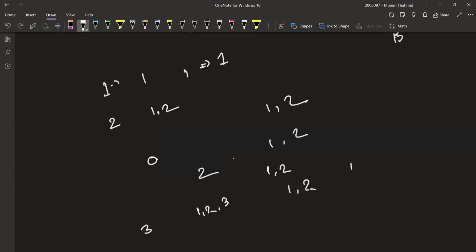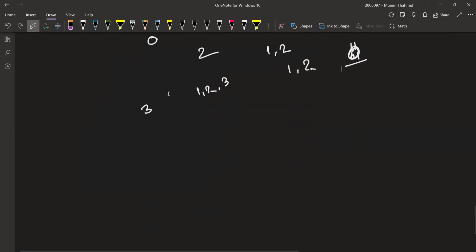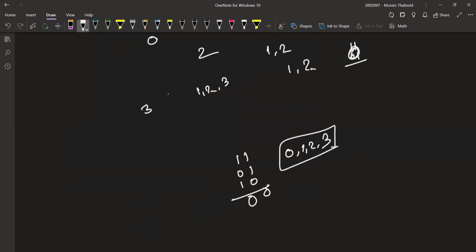Okay, so 3 XOR with 3, if we XOR 1 and 2, we get 0. We get 0, 1, 2.